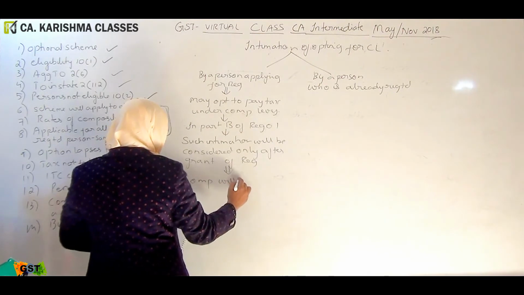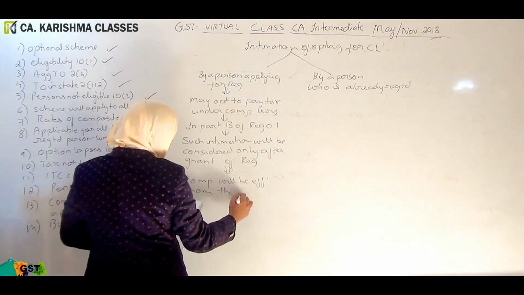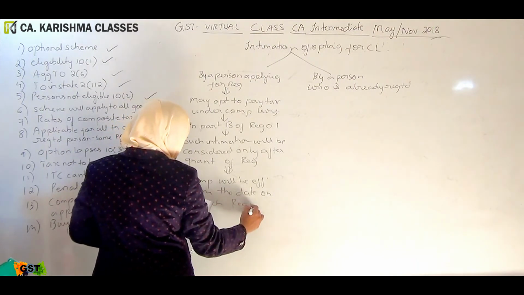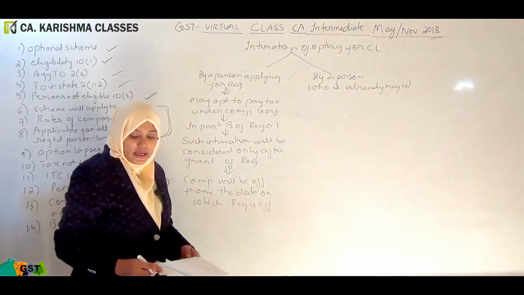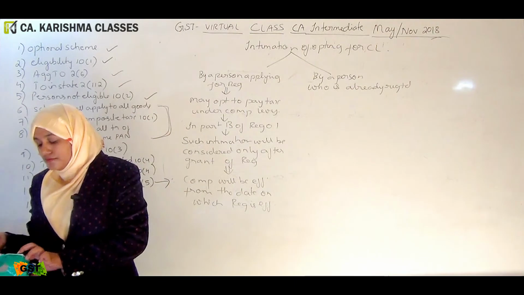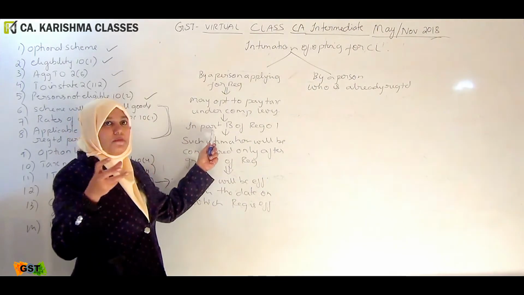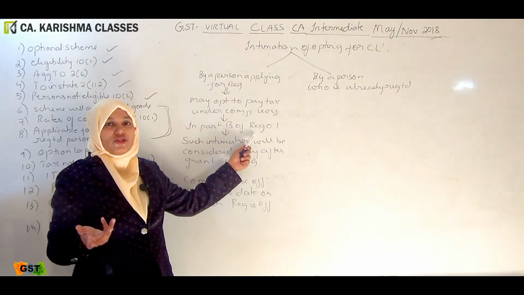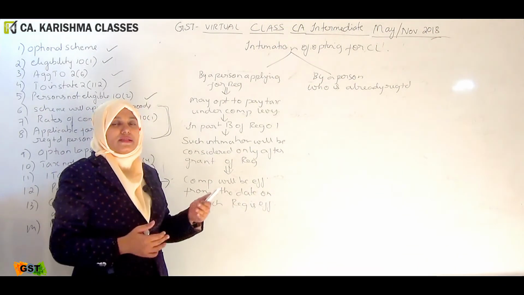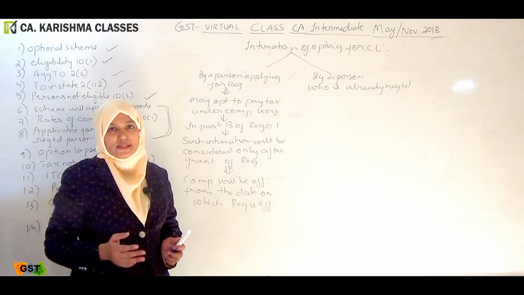Composition will be effective from the date on which registration is effective. This is an important point you need to remember. So when you are applying for registration, use part B of your REG01, the registration form. You intimate that you are interested in composition scheme. Once they have registered you, they will consider your intimation, and such a composition scheme will be effective from the date on which your registration is effective.